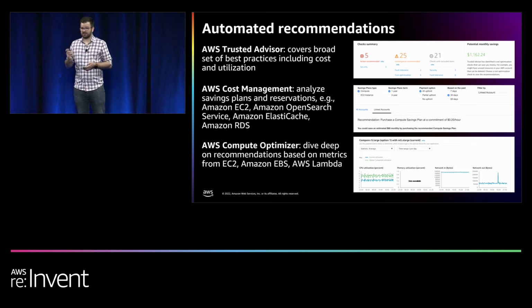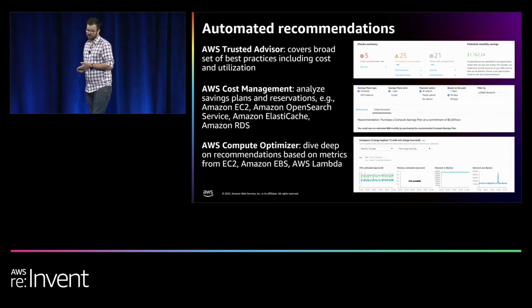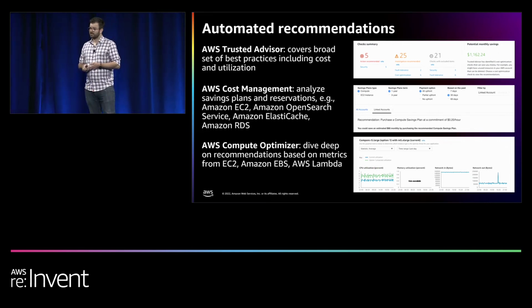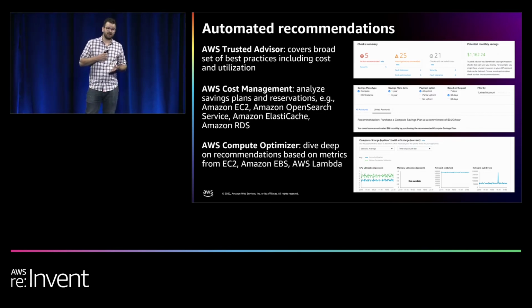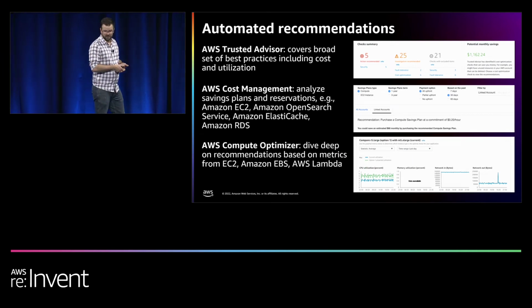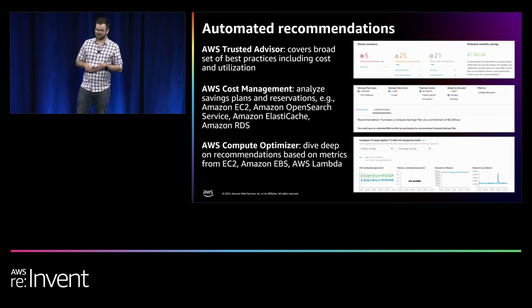I also highly suggest you check out AWS Trusted Advisor and AWS Compute Optimizer. Now, they both look at different ways of managing efficiency and usage within your account. But if you follow their suggestions, I know you'll be able to lower your AWS bill and get the most out of the resources that you're running on AWS.